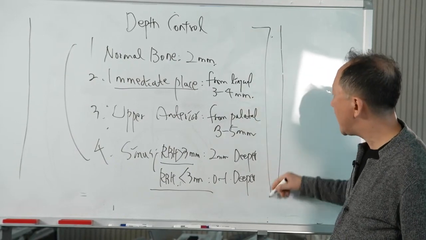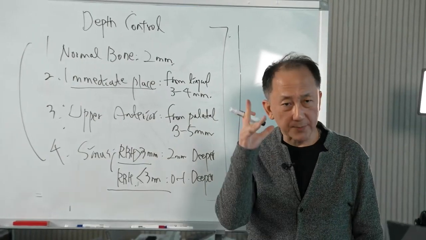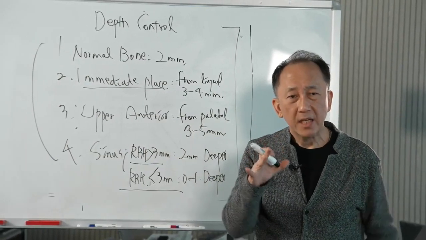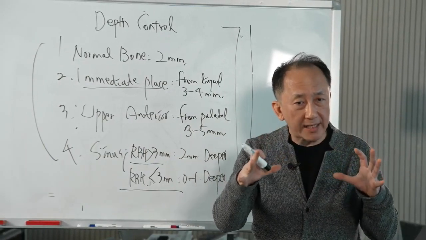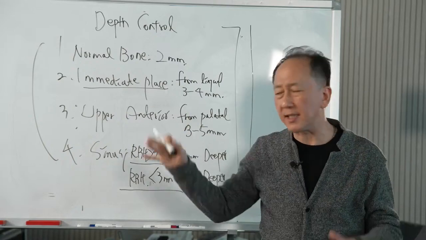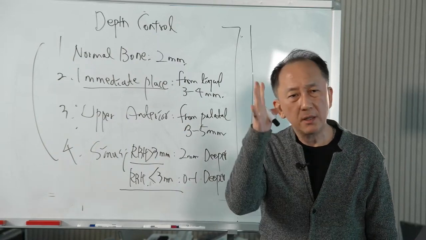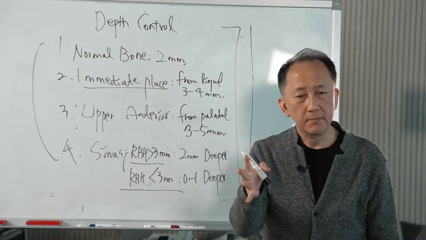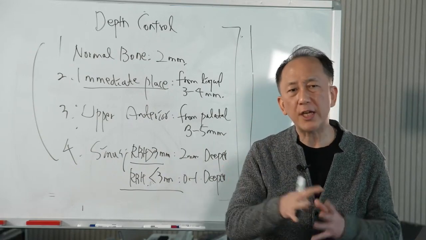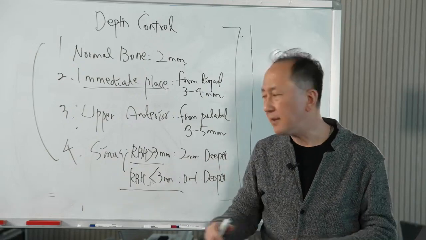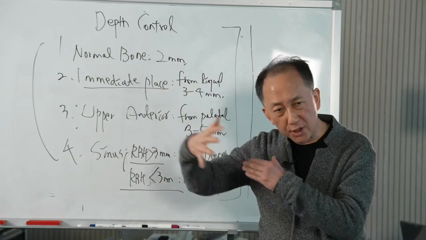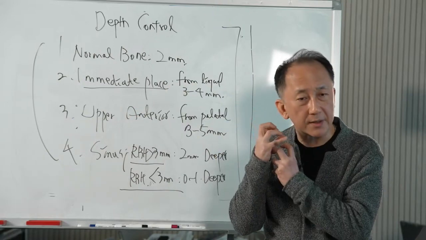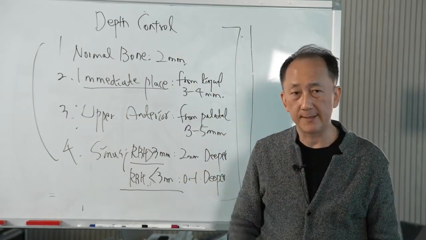This is my final conclusion. Deep placement, I recommend. This deep placement can change everything here: your prosthetic option, your GBR option, your sinus surgery option. Sometimes with a combined short implant, especially in the lower molar area, without any GBR, I strongly recommend it.